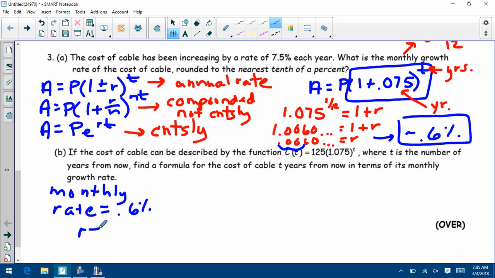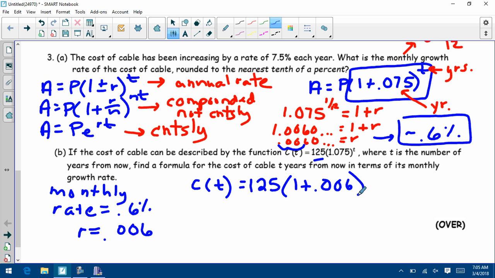So that means R is going to be 0.006. That number out front represents what? Right, just the initial amount, so that's not going to change. We're going to need to put in our new R value, 1 plus 0.006.